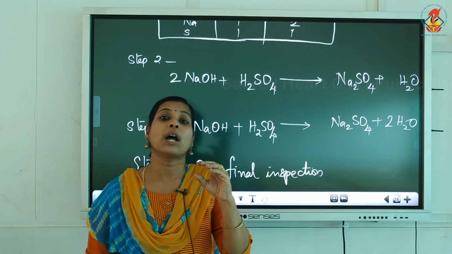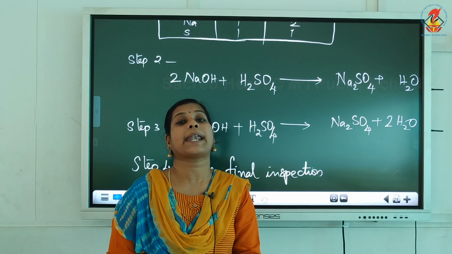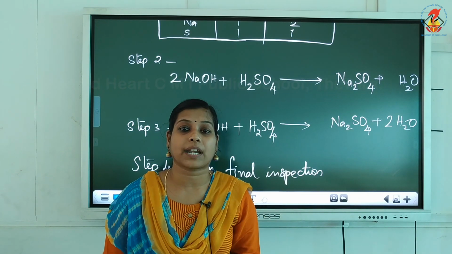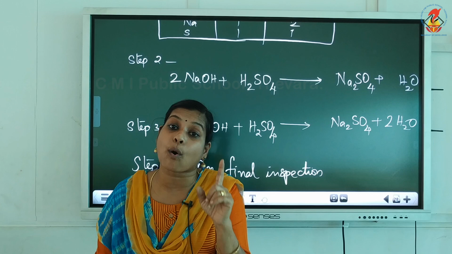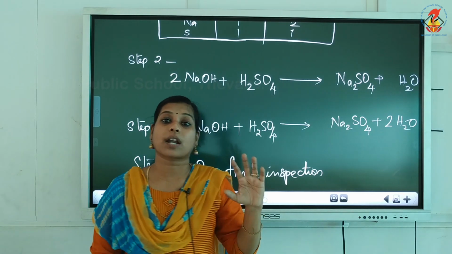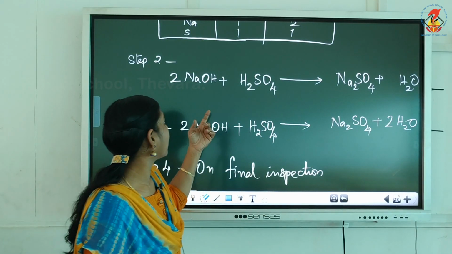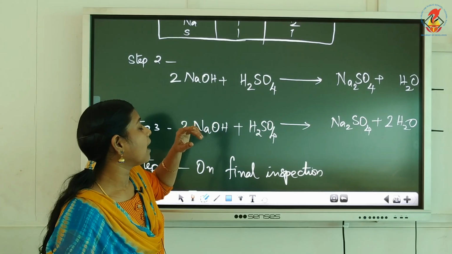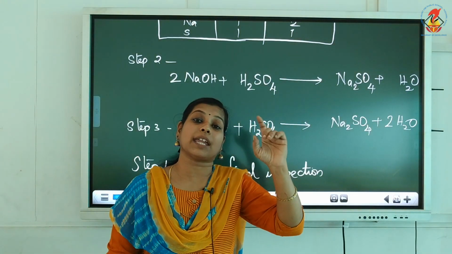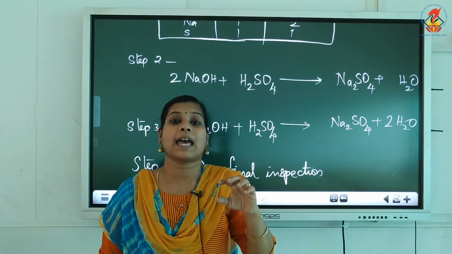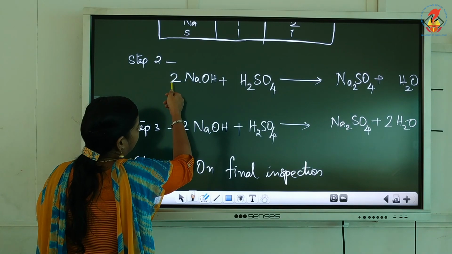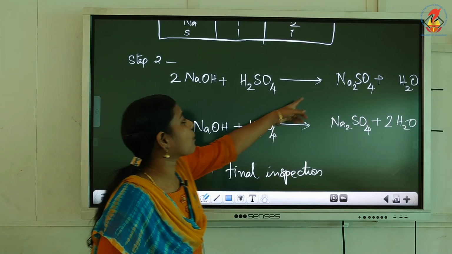Whenever we are balancing a chemical equation, one thing is very important. We have to take the lowest possible number to equate the number of atoms of different elements. We should multiply with the lowest possible number, not the highest. If you are taking higher multiples, that time also it will be equal. Instead of this 2, if you are writing 4 there, here also we can put 2.